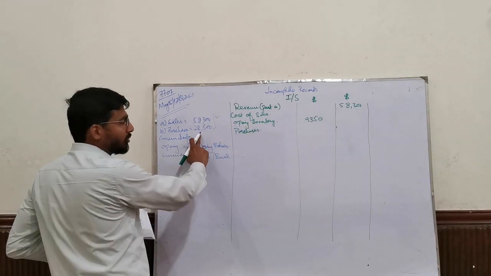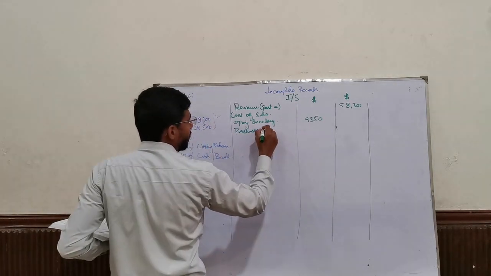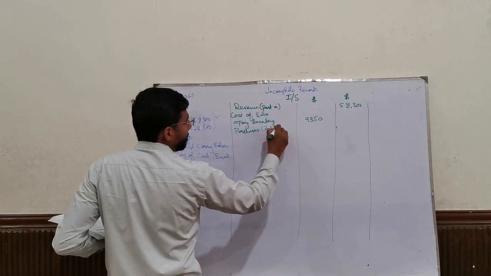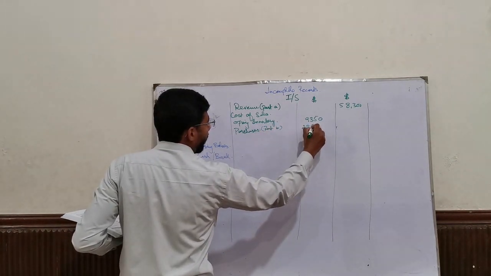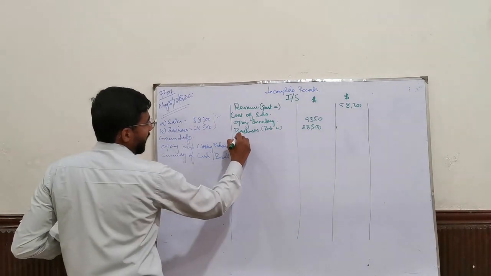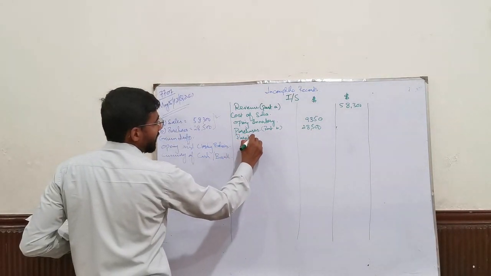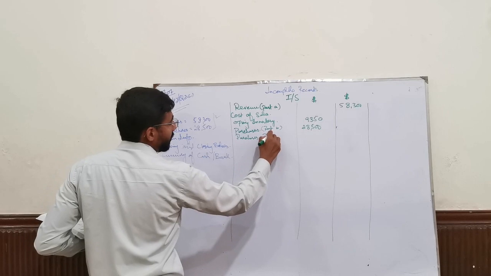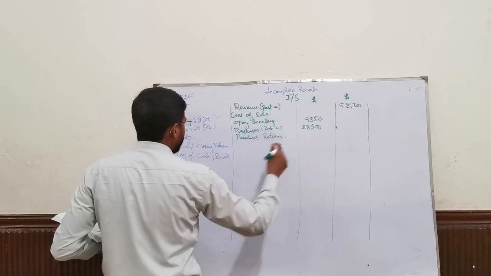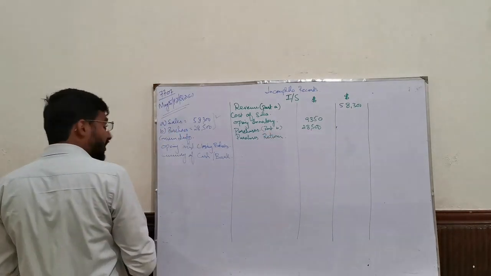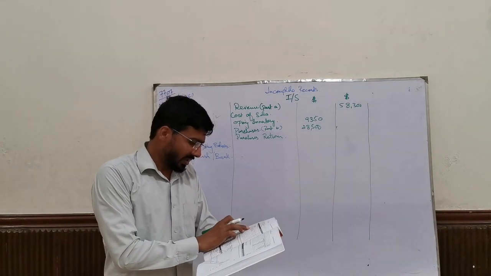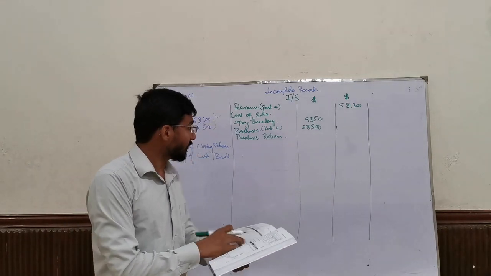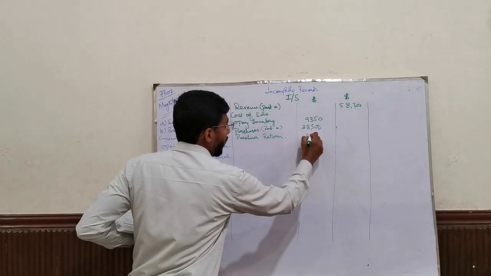Purchases are 28,500, which we calculated in part B. Then we have purchases return. Purchases return is given in the question, it says 3,800. We are going to subtract it.